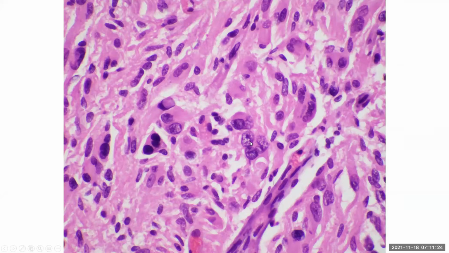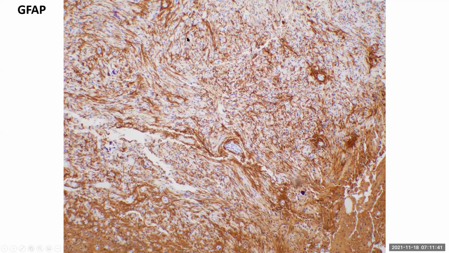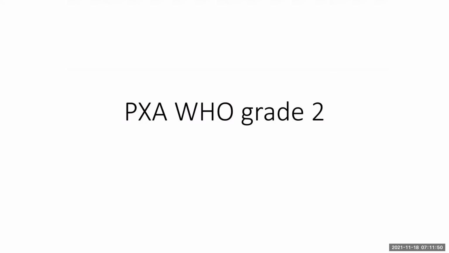We have cells that are bizarre shaped. Some of them are multinucleated. And this is the xanthomatous component, which are cells with large eosinophilic, slightly foamy cytoplasm. The tumor is a glioma by virtue of positivity for GFAP, and Ki67 is low, about 2%. So this is PXA grade 2.